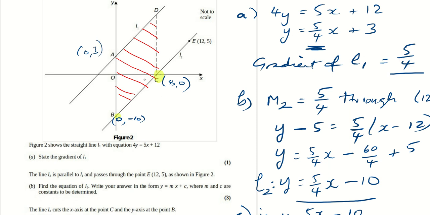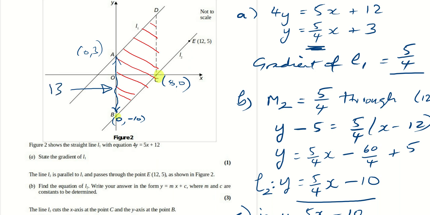Okay. Now how do we find the area of a parallelogram? Well, if we call that length from A to B the base, we know that's going to have a length of 3, basically 3 add on 10.